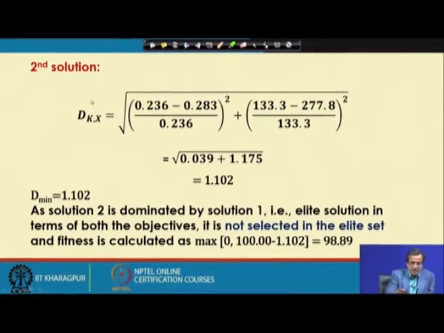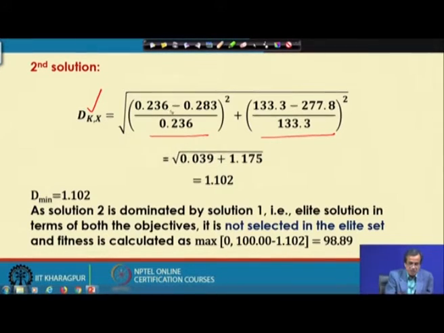Here k indicates the non-dominated solution, and x is nothing but the second solution, for which I am going to take the decision whether it will enter the non-dominated set or not. So, in terms of f1 and f2, I am going to find out the Euclidean distance.